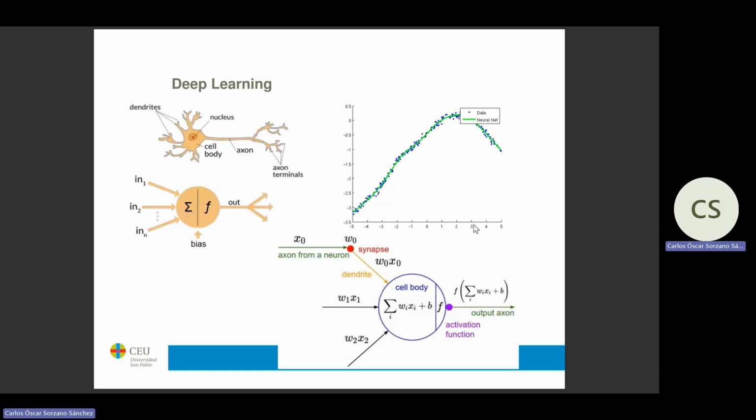And what turned out is that this way of calculating, when you combine them one after the other, you can model almost any function.